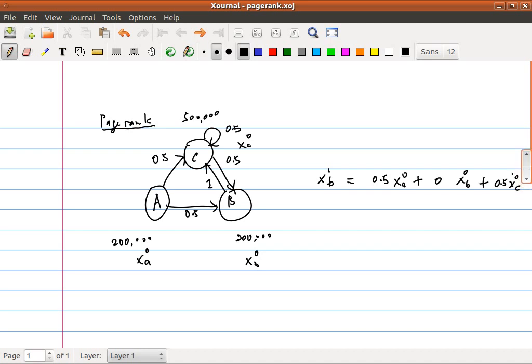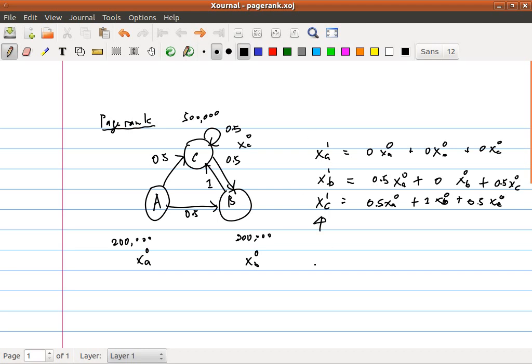And I can do the rest. xa1 is equal to 0 xa0 plus 0 xb0 plus 0 xc0, since no one is pointing to A. And xc1 will be 0.5 xa0, that's from A, plus 1 xb0 from B, plus 0.5 xc0 from C. And I can write this as a matrix equation.